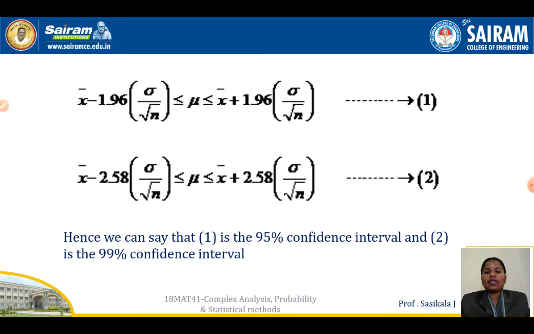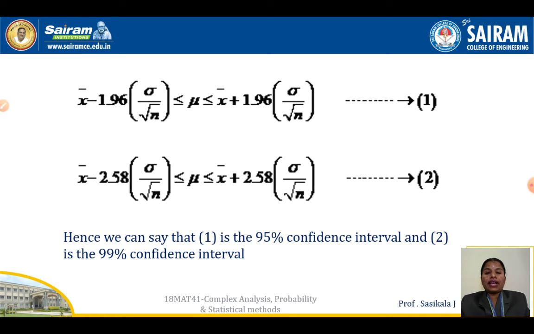So you can see here what has been given. It has been taken: x bar minus 1.96 of sigma by root n is less than or equal to mu, is less than or equal to x bar plus 1.96 of sigma by root n, and similarly for the 1% level: x bar minus 2.58 of sigma by root n is less than or equal to mu, is less than or equal to x bar plus 2.58 of sigma by root n.